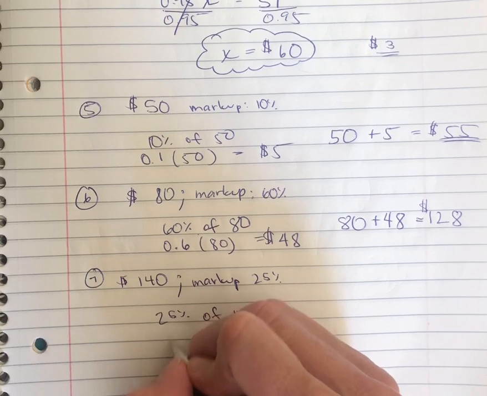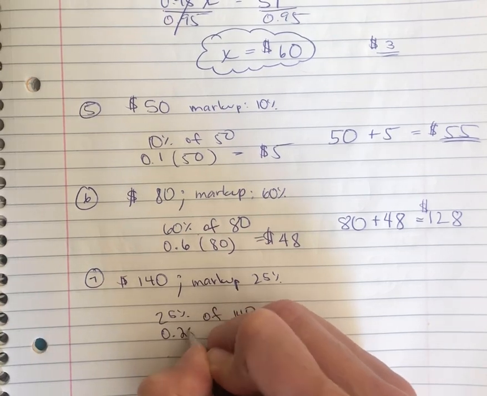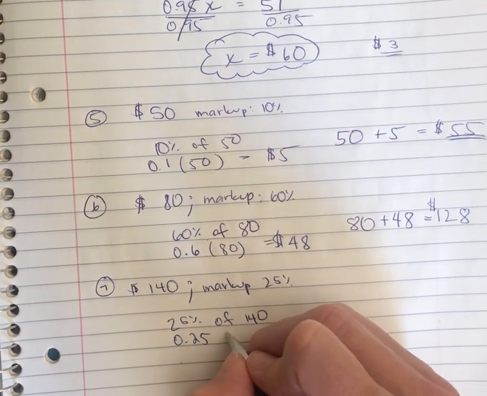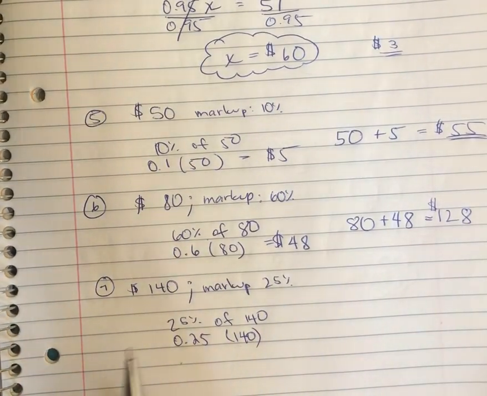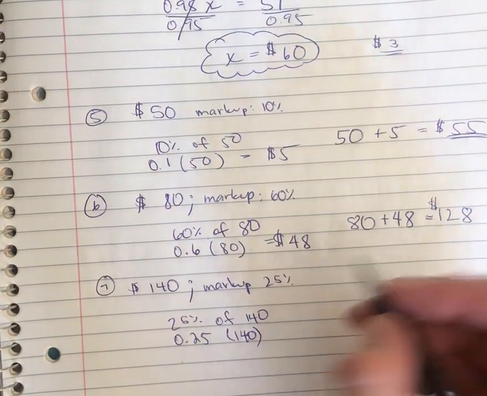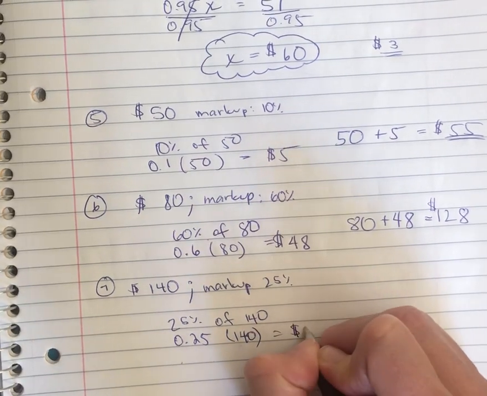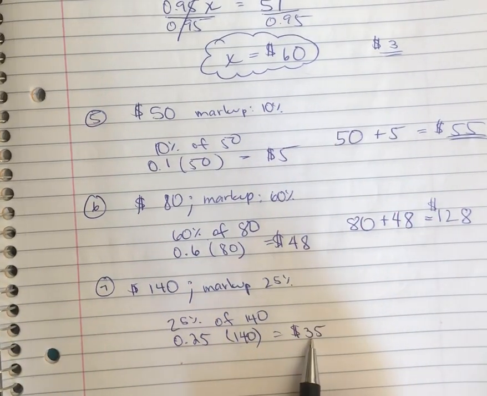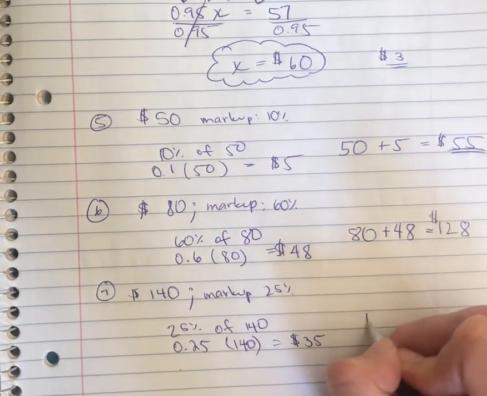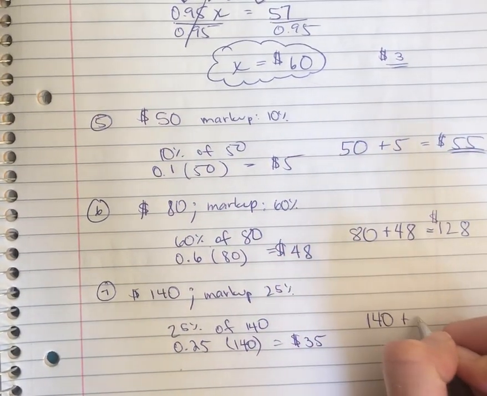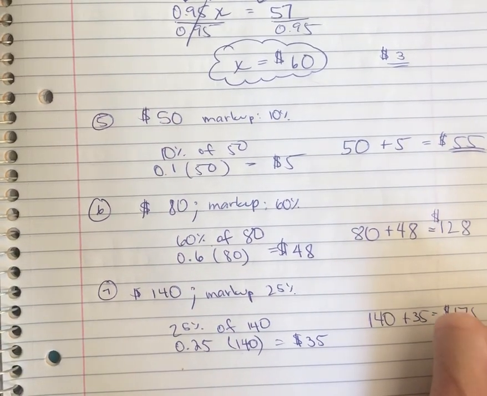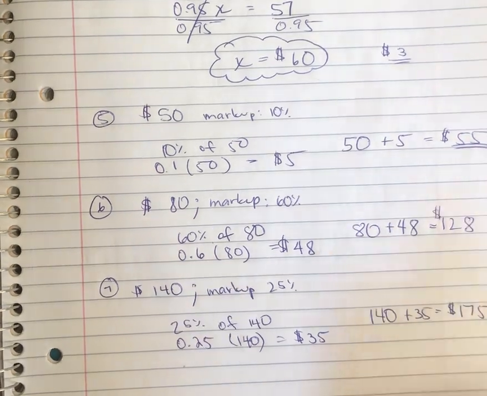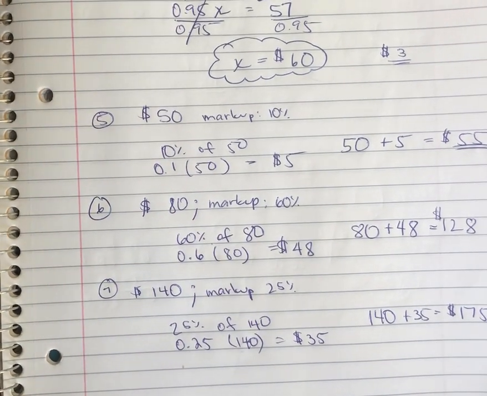You have to change this to a decimal first. So 25 hundredths times 140. Punch that into your calculator or work it off to the side, and we get $35. This is the dollar amount of the markup. The product started at $140. It's being marked up another $35 for a total of $175. Okay, that's it. Hope it helped.